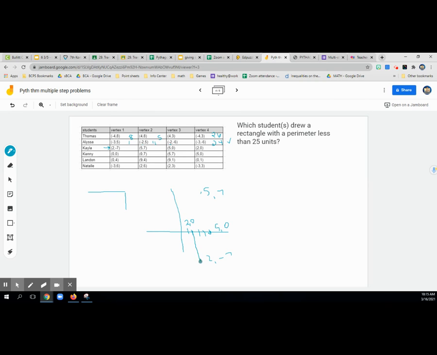So let's look. Is this a rectangle? No. So Kayla didn't even draw a rectangle.